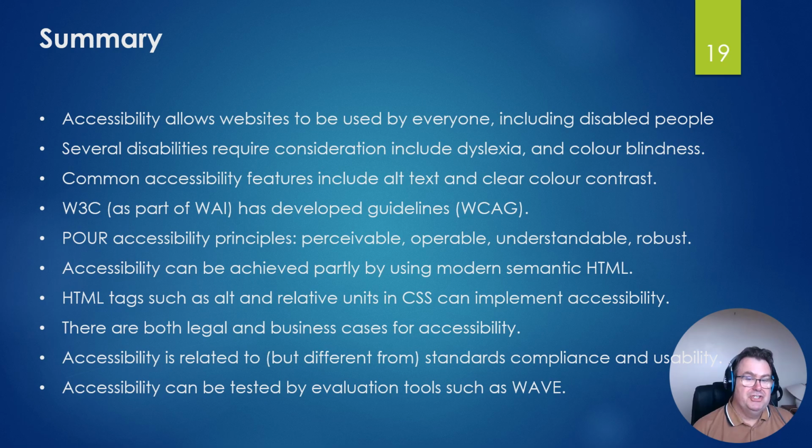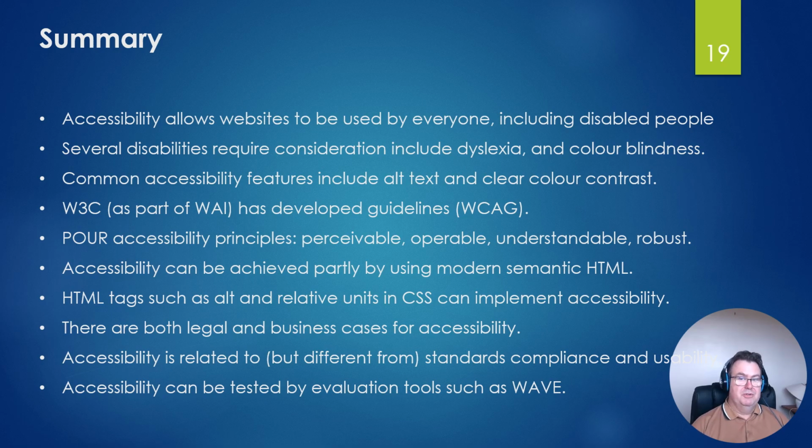The features of accessibility commonly include alternate text, clear color contrast, and there's other things as well, as we've described. W3C, as part of WAI, has developed these guidelines, the WCAG. They're still in development, so it's an ongoing project.